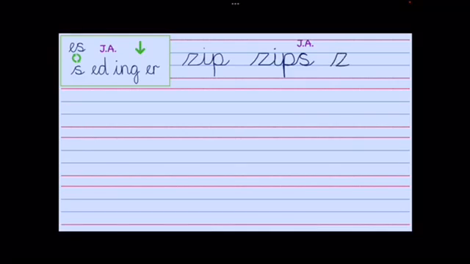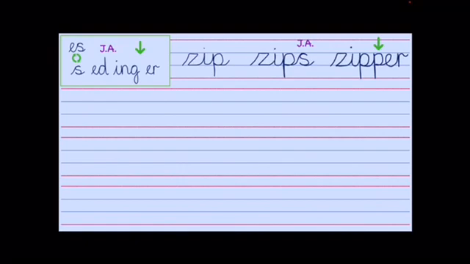Start with our starter word, zip, and we double before we add er. Zipper. And it's because suffix er begins with a vowel that we double that P.